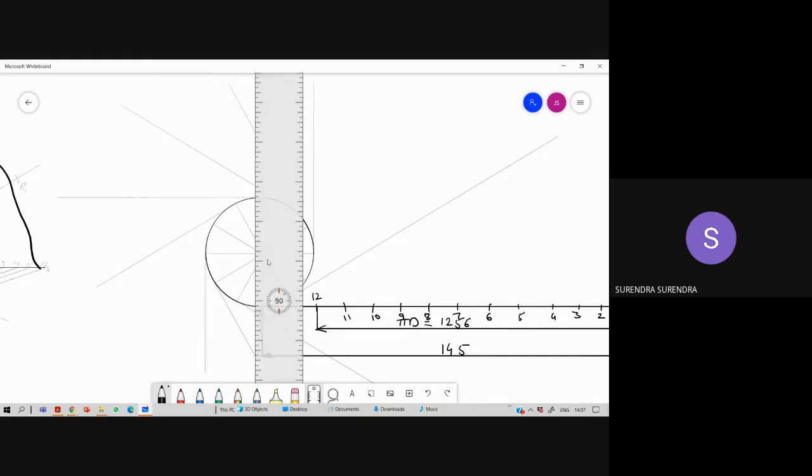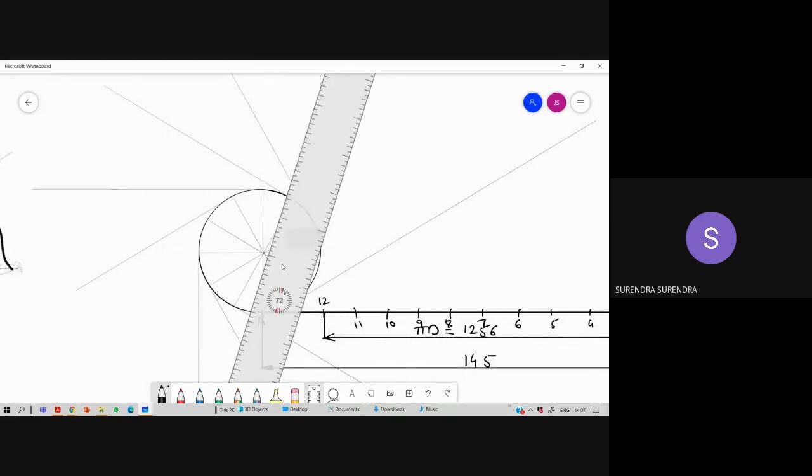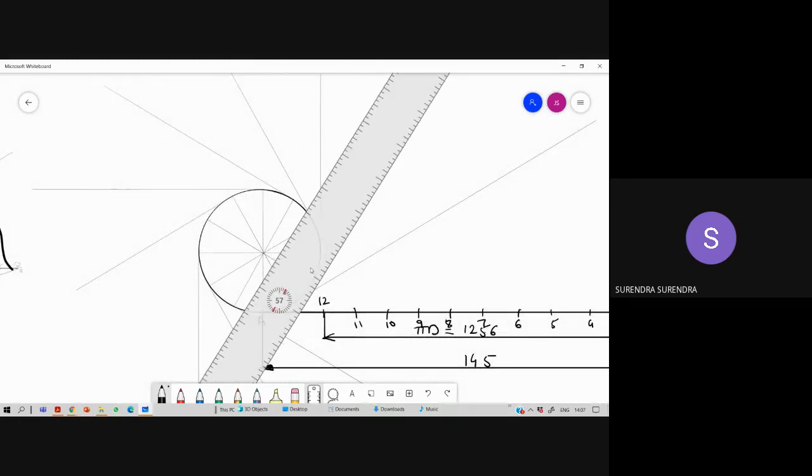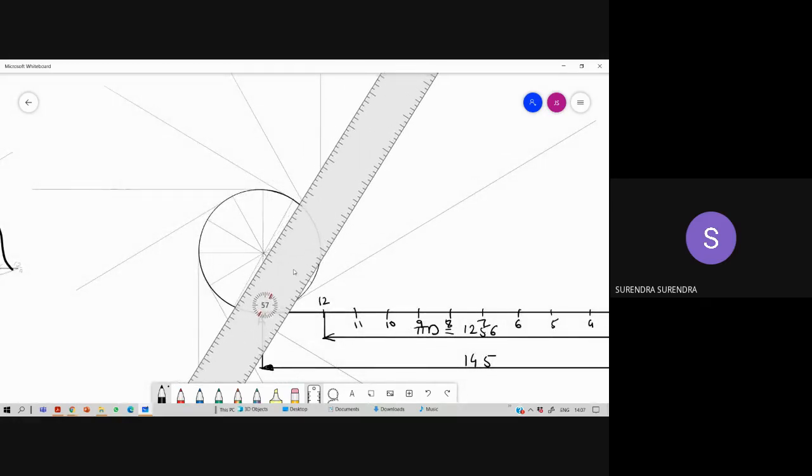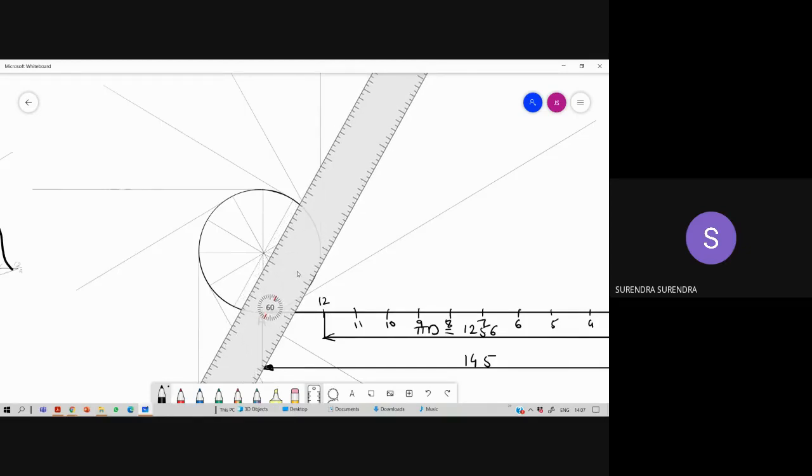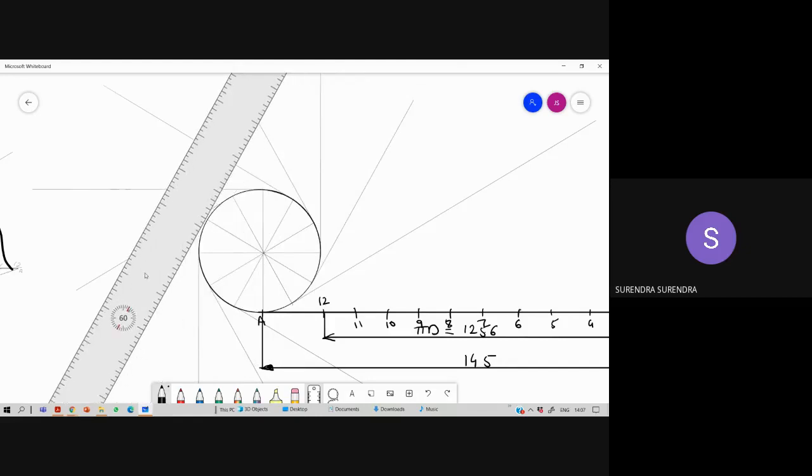I think I missed a tangent here. So drawing tangent at all the division points on the circle.